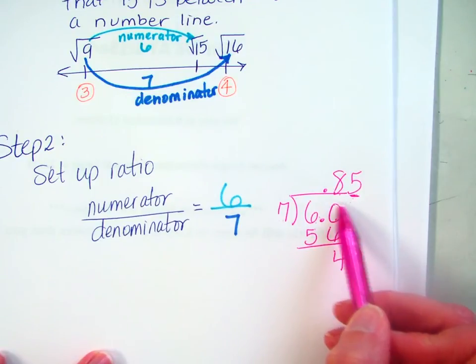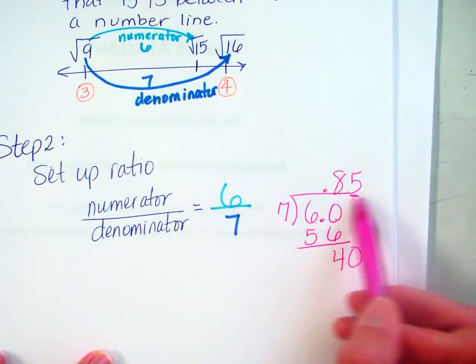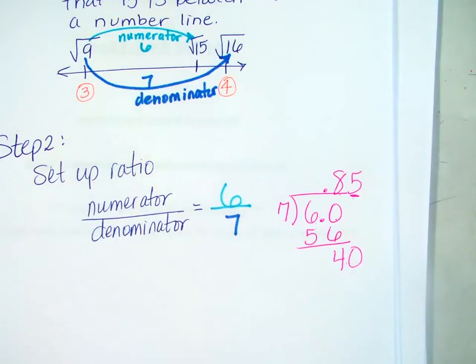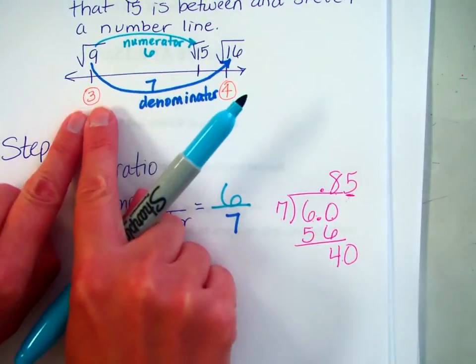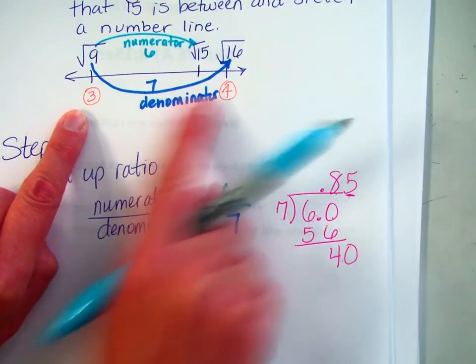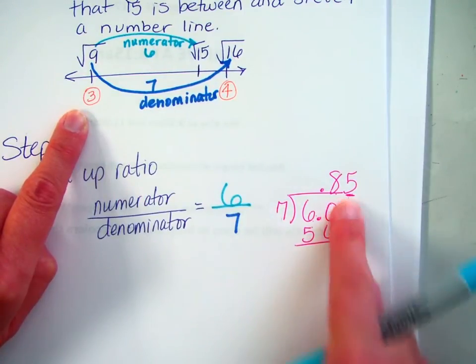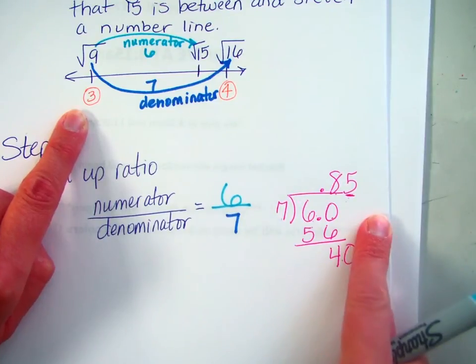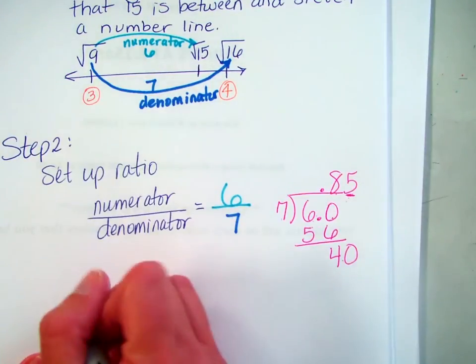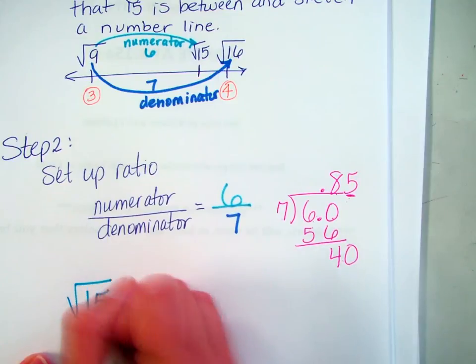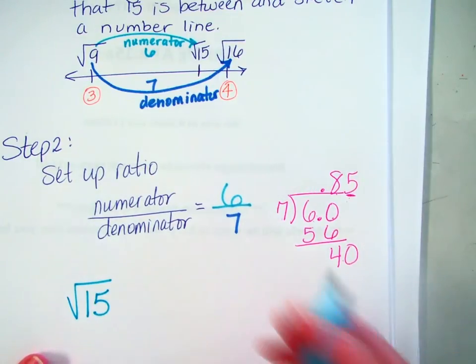All right, so let's put this together for our estimate here. I knew that it was between 3 and 4. I know it's going to be 3 point, and then I'm using this, right? Okay, when we write this, we're going to say the square root of 15. Does anyone know what those mean?